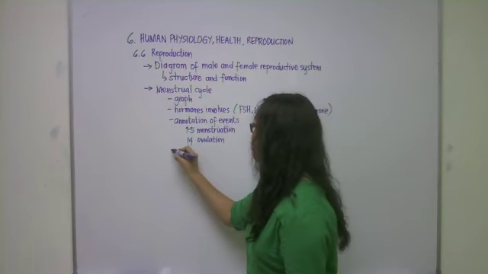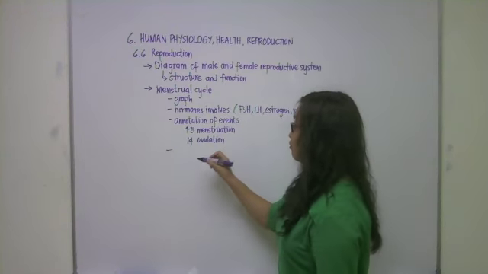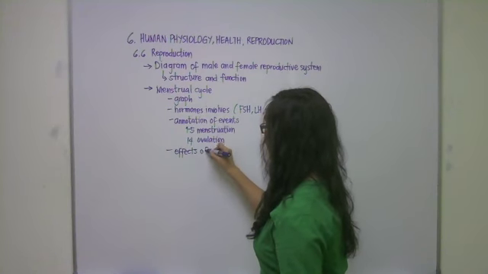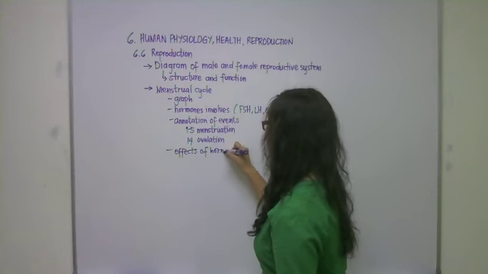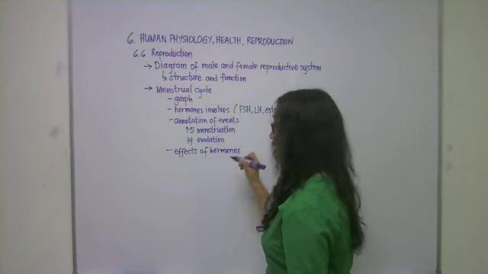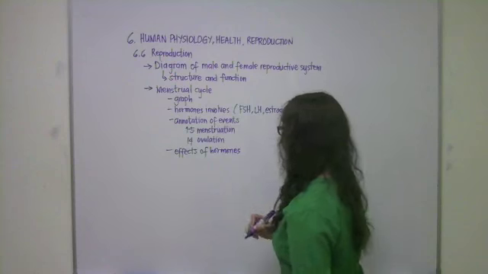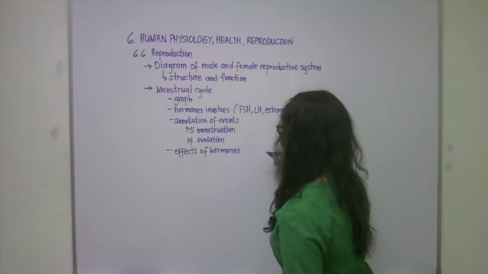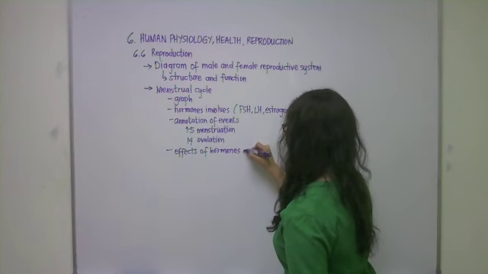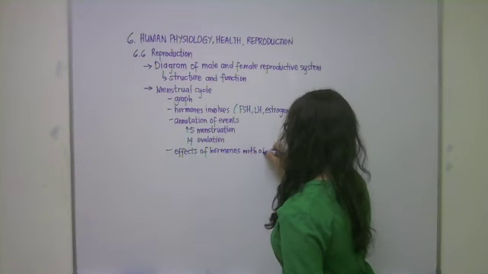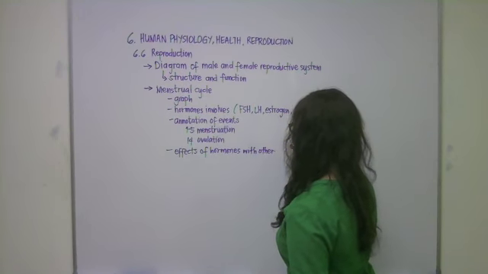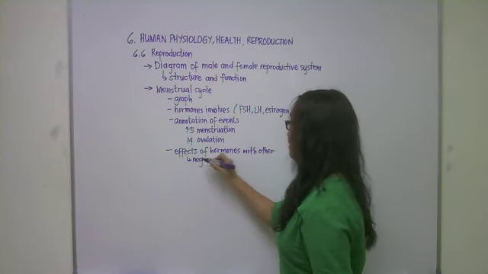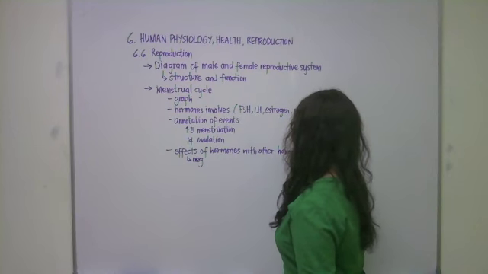So we also need to add the effects of hormones on other hormones, because sometimes they can be an inhibitor, or they can actually cause a negative feedback on that. Okay, so with that matter, we should also review the students about the negative feedback mechanism.